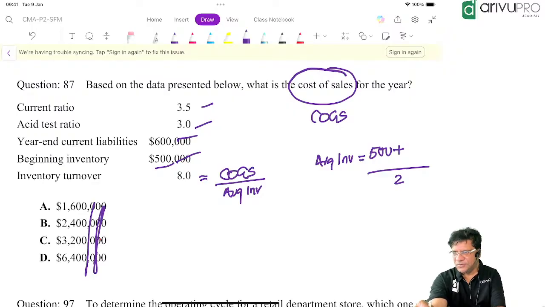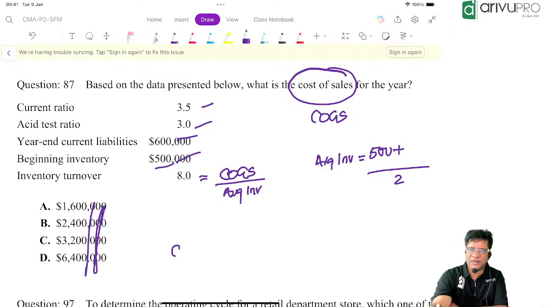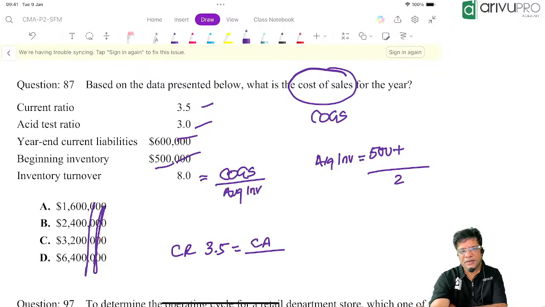Quick ratio. Both sides. Quick assets. You minus that. Okay. So current ratio 3.5 is equal to current assets divided by current liability. Current liability is 600.